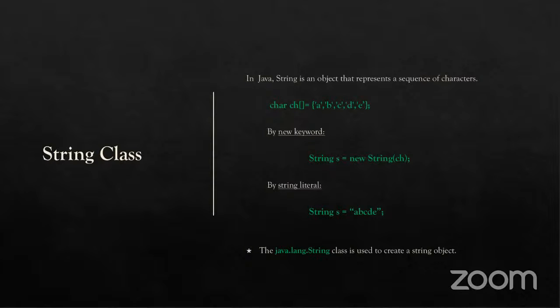When we are creating a string object in Java, we have a memory area called heap memory. In the heap memory, there is a specialized memory area called the string constant pool, especially for storing string objects. So when we are creating string objects, Java stores the string in this specialized memory area called the string constant pool. I'll show you how it is.